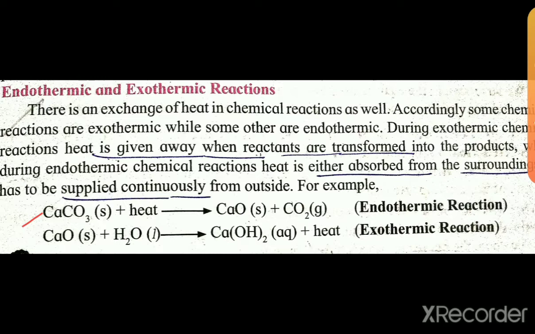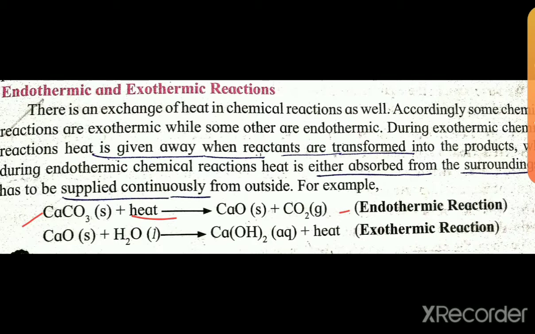This reaction is an endothermic reaction. Students, you can observe here at the left hand side, heat is added. It means heat is absorbed in the reaction. So the reaction in which heat is absorbed is called an endothermic reaction.